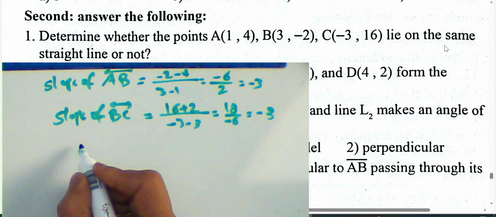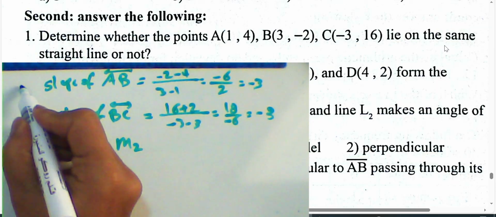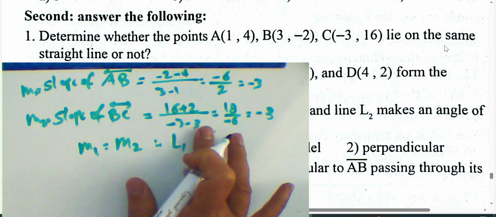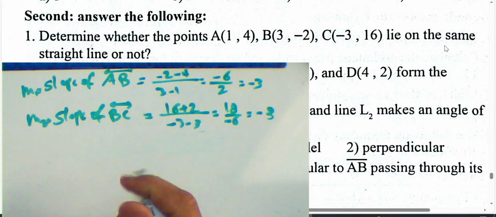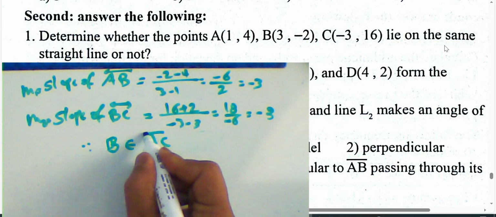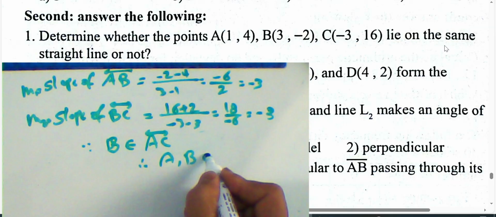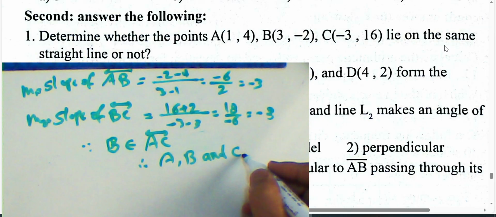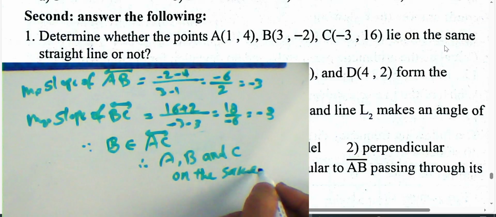They are equivalent, so slope 1 equals slope 2, and point B is common to both lines. It means A, B, and C are on the same straight line.